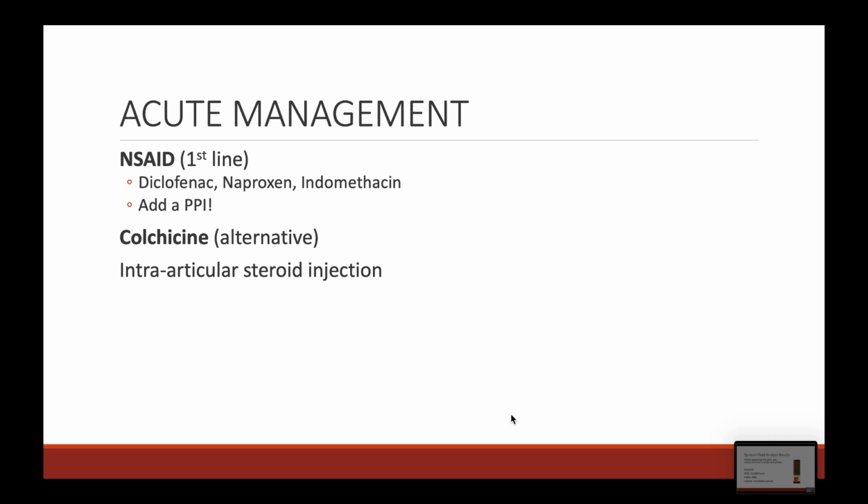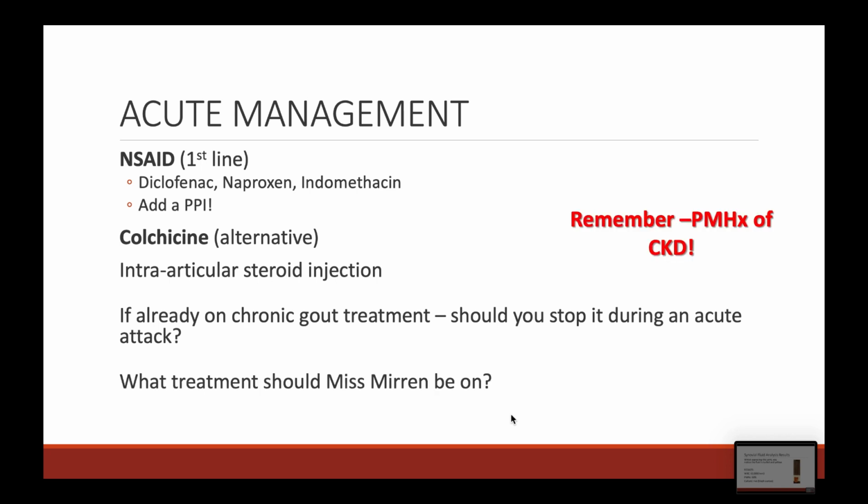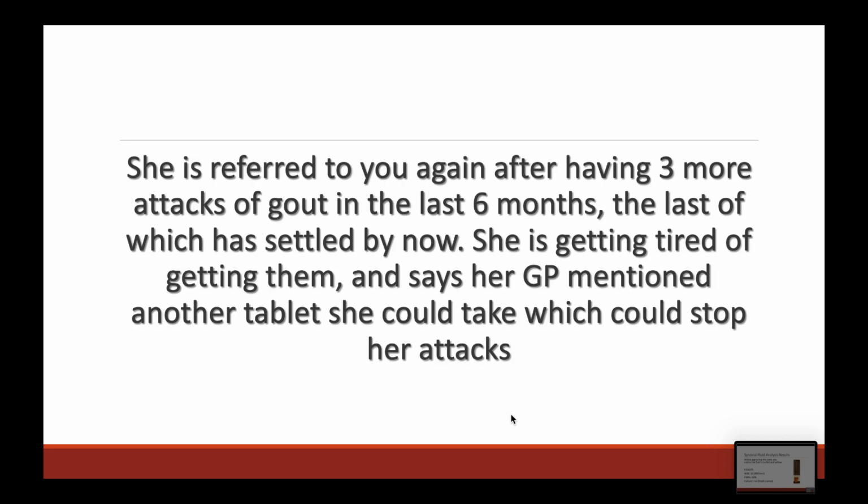And a question I'll come back to later on is, do you think you would continue allopurinol if you're having an acute attack? I'll come back to that later on. And what treatment should Miss Miriam be on for her gout in order to prevent it? As well as this, remember that she has CKD, and do take that into consideration when managing.